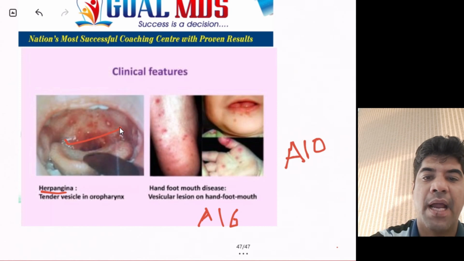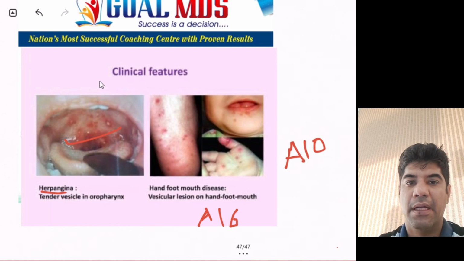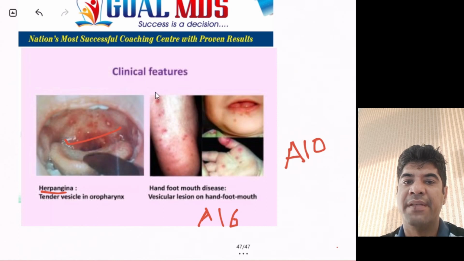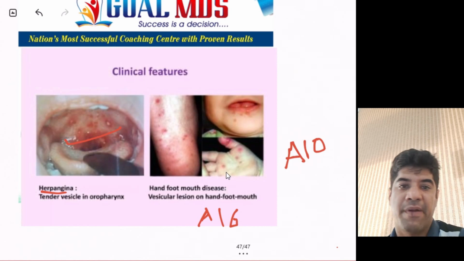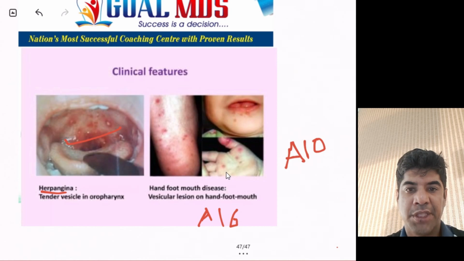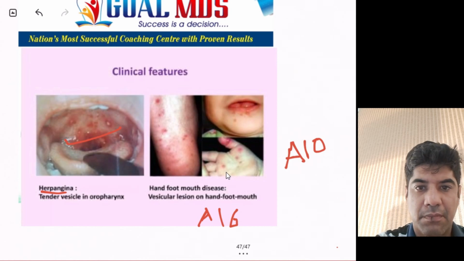Hand, foot and mouth disease is similar to herpangina, where skin rashes and oral sores happen along with flu-like symptoms. There could be sore throat, difficulty swallowing and fever, cough, runny nose, loss of appetite, vomiting, diarrhea. These are the associated symptoms.